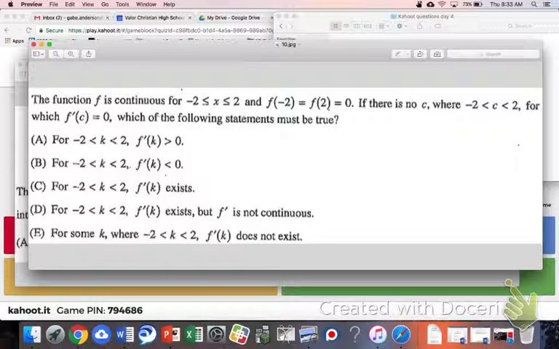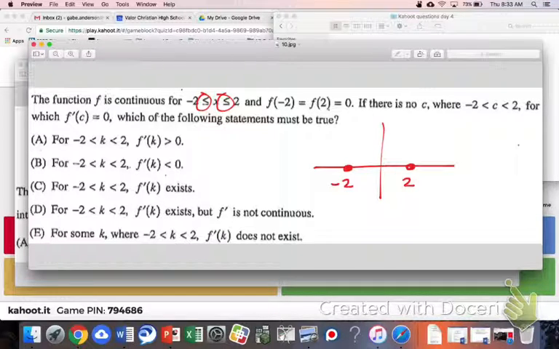I think you should. So it says you've got some function that is continuous, and f of negative 2 and f of 2 are both 0. So those 2 points are on the graph of f, and we are told that f is continuous on the closed interval. So it's not continuous on an open interval.